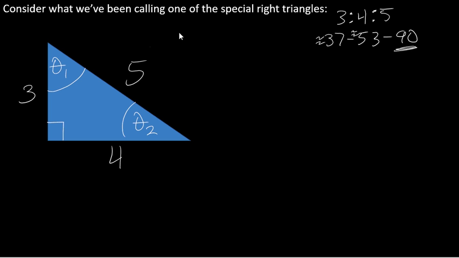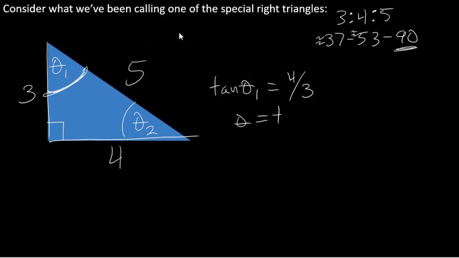Okay, so if I set this up as a trig problem, I'm going to go ahead and say the tangent of theta 1 is equal to opposite over adjacent. So opposite over adjacent. So that means this angle here, theta 1, is equal to the arctangent of 4/3. And of course, this isn't the only way I could have done it. I could have done the arc cosine of 3 over 5.